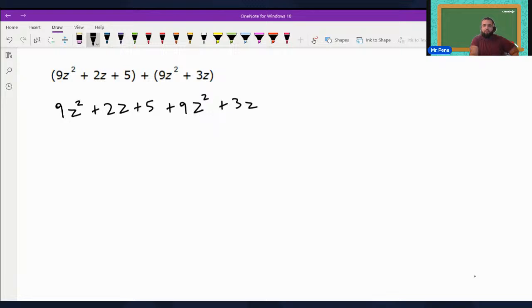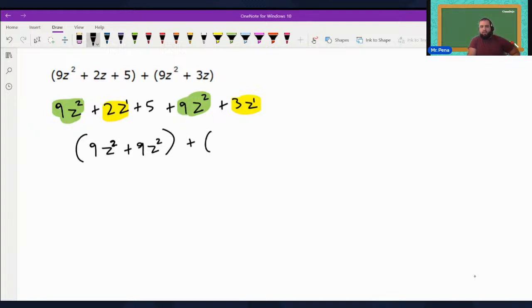Okay, so far so good. Now we have a 2z to the power of 1 and a 3z to the power of 1. Treat them as if they're literally to the power of 1. We have 9z squared and 9z squared. So we're going to put them into different groups to help our brain out. The goal of math is to make it as easy as possible for your brain. So 9z squared.